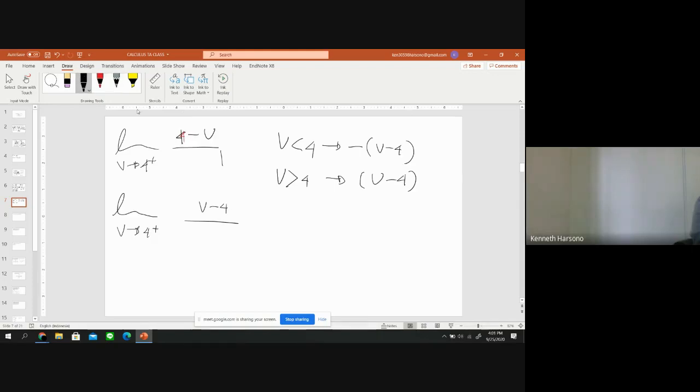If v is lower than 4, we have the normal one. And if v is more than 4, then 4 minus something bigger than 4 becomes negative, so we have to add the minus sign here.